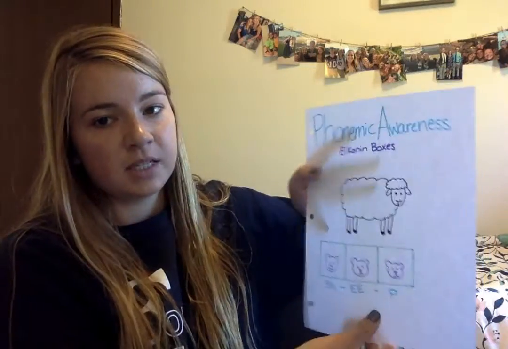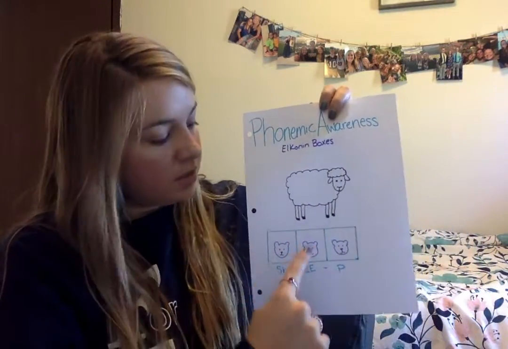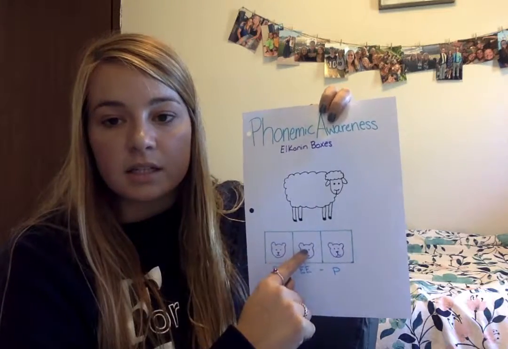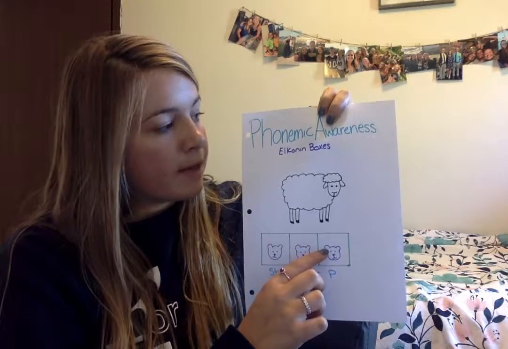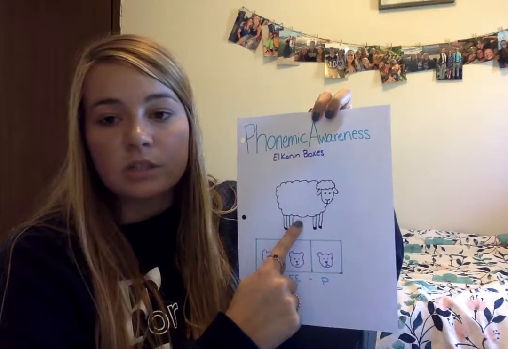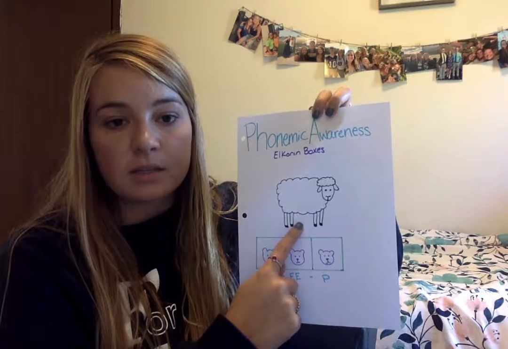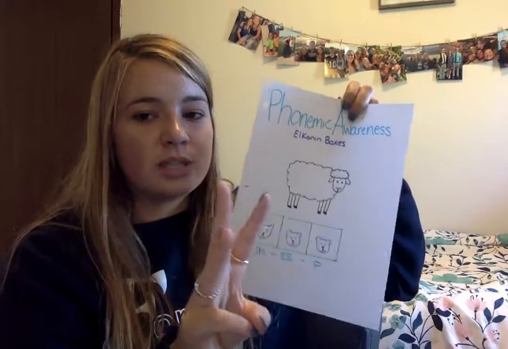So I'm going to give you a little worksheet. It's going to have some boxes on it which will indicate your sounds from the words. So if I use the word sheep, can someone help me sound it out? Sheep. So there's 3 sounds.